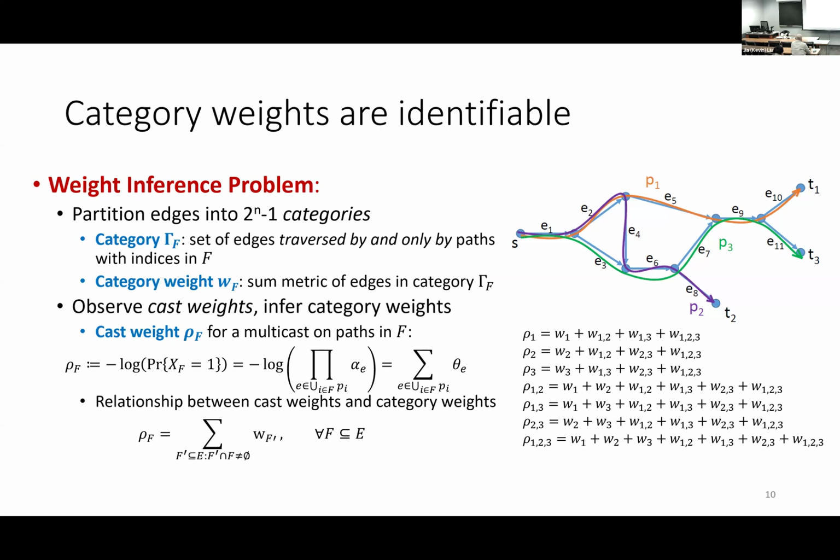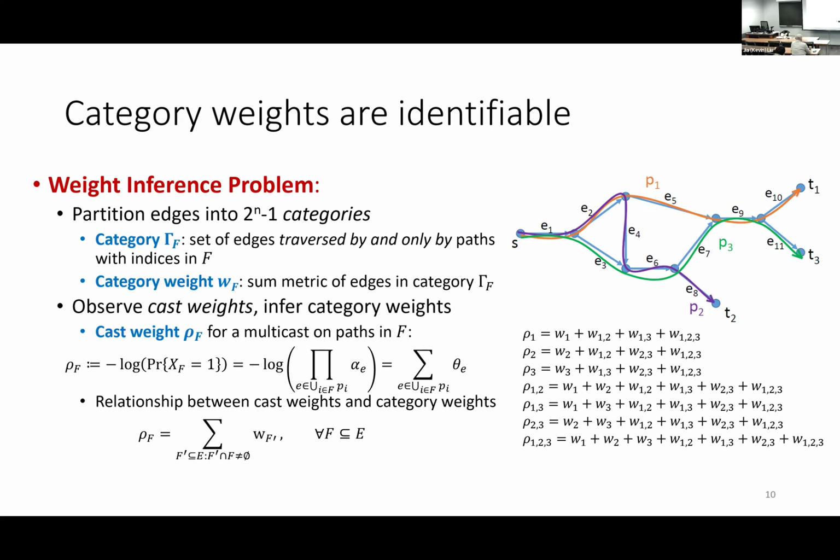By definition, this cast weight has a fixed linear relationship with the category weights. The equation may look non-intuitive, but it's actually saying something quite simple. Let's look at, for example, the cast weight for path 1 and path 2. It corresponds to the joint success probability on paths 1 and 2, so it depends on the success probability on all the links traversed by either of these paths, the union of paths 1 and 2.